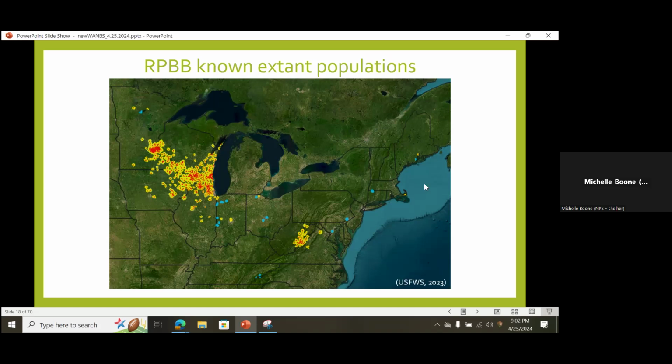But excitingly, there's also this Appalachian population. And when I started grad school in 2017, this map didn't show anything east of Ohio. So those are recent sightings. So there is a lot of work being done, which was, of course, sparked by the listing. So we're learning more and more about this species.